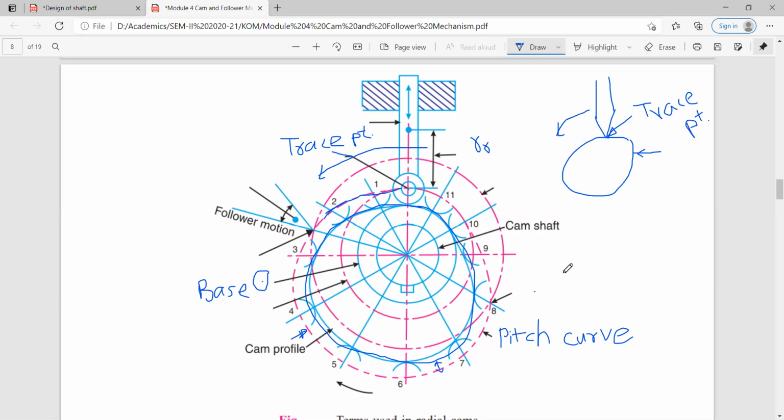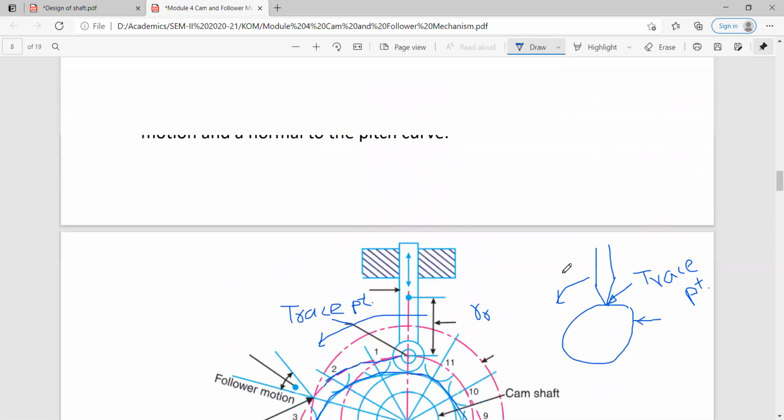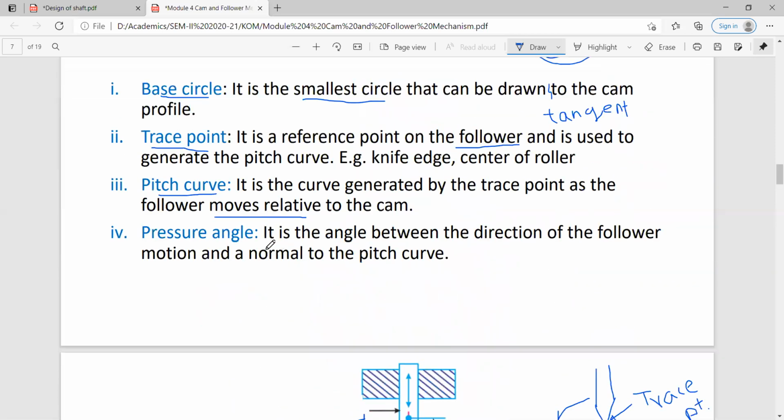Okay, next we will see the fourth parameter, pressure angle. What is it?